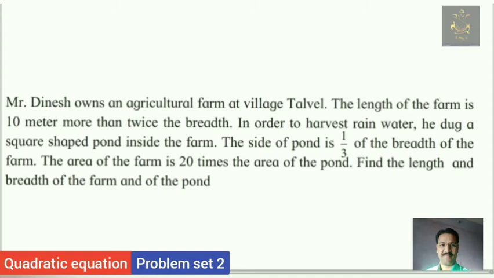The side of the pond is 1/3 of the breadth of the farm. The area of the farm is 20 times the area of the pond. Find the length and the breadth of the farm as well as the side of the pond. Look here, friends. Here the very important part is what?